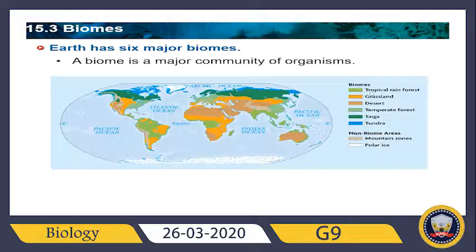Like this, we have tropical rainforests, light green, like here in Brazil, parts of Argentina. Okay? We have rainforests in Western Africa. We have rainforests in India, Vietnam, Korea. Okay?